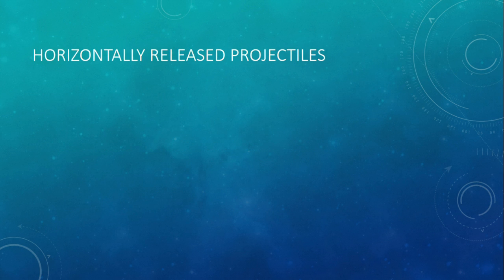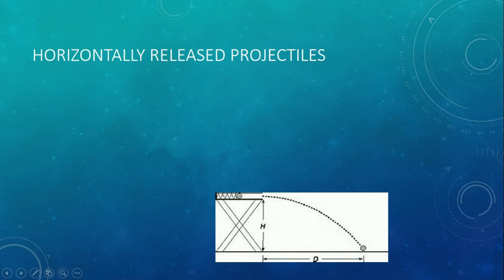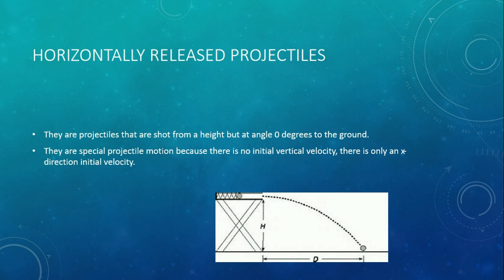The first type of 2D kinematics problems we're going to solve are horizontally released projectiles. The special thing about these projectiles is that they are launched at a 0-degree angle. So basically, they are just shot straight parallel with the ground. So they have no initial vertical velocity.